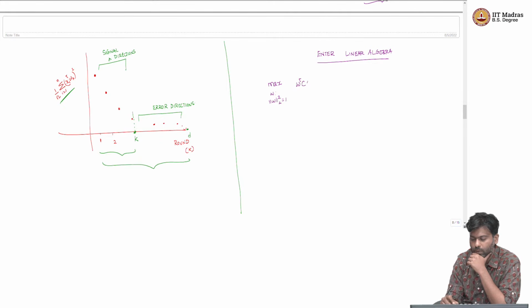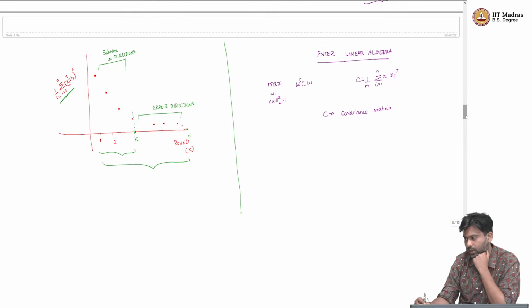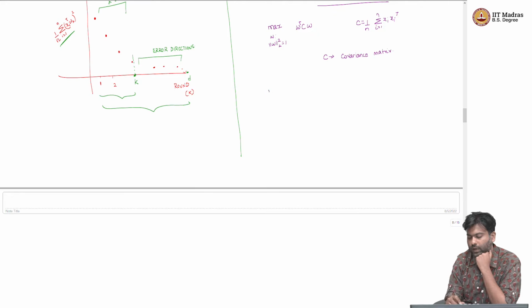So this is the problem that we are trying to solve, where C is 1 over n sum over i of x_i x_i transpose, and C is called the covariance matrix, with some caveats, but covariance matrix in general. And when you have a matrix like this, the solution to this problem is nothing but the eigenvector corresponding to the largest eigenvalue of this matrix.